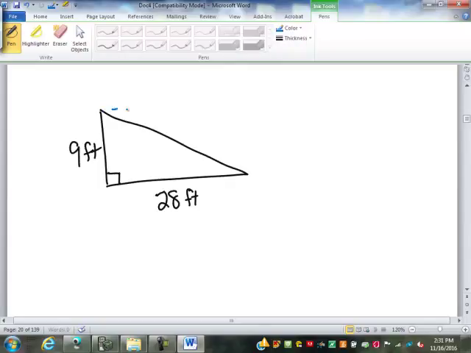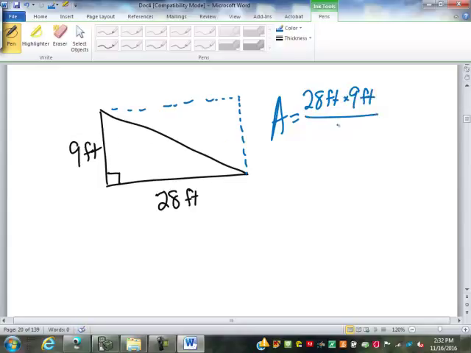We found its area because it was related to a rectangle. And the area of that related rectangle would have been 28 feet times 9 feet. Since the triangle is exactly half of that rectangle, we divide it by 2.